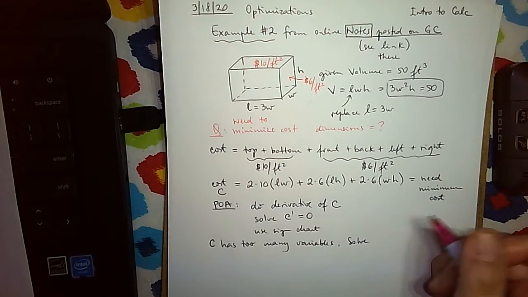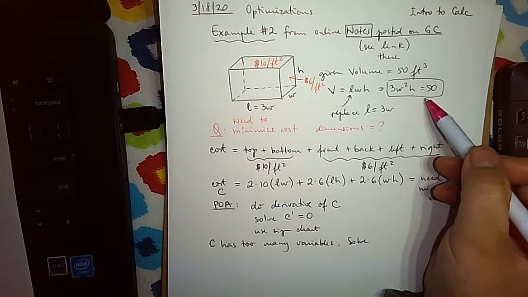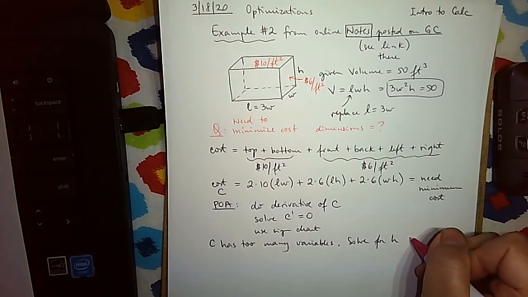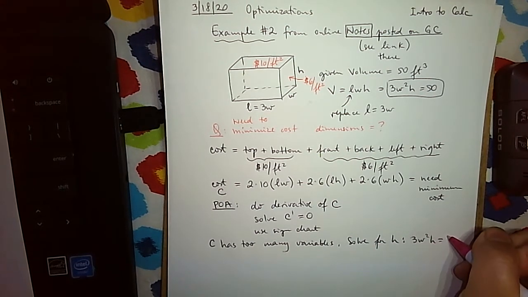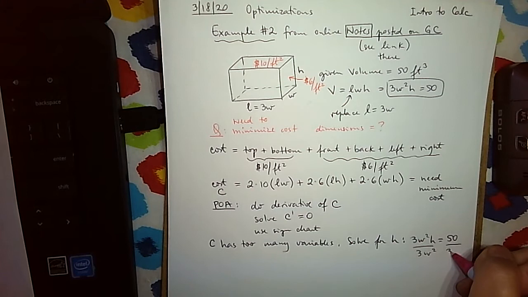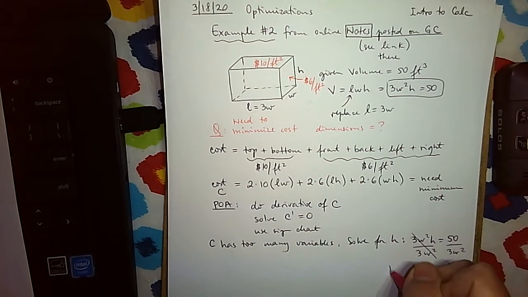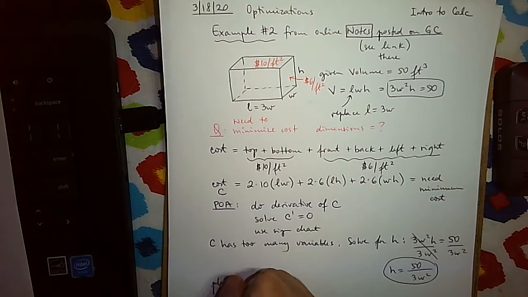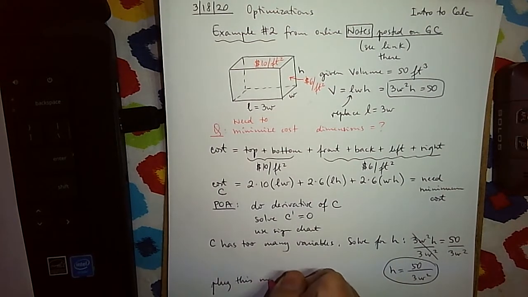So from this 3WH equals 50, we could possibly solve for H. If we divide both sides by 3W, we are going to say that H is supposed to be 50 over 3W squared. We are going to plug this into the cost, okay?